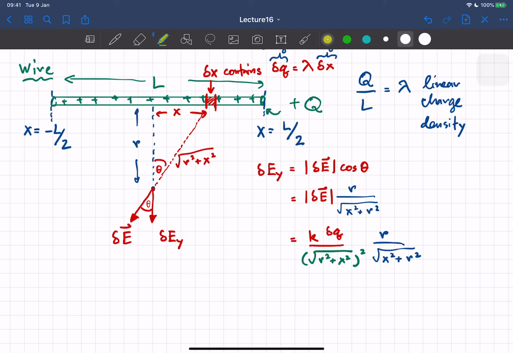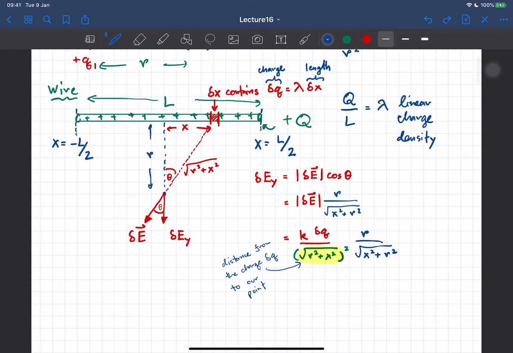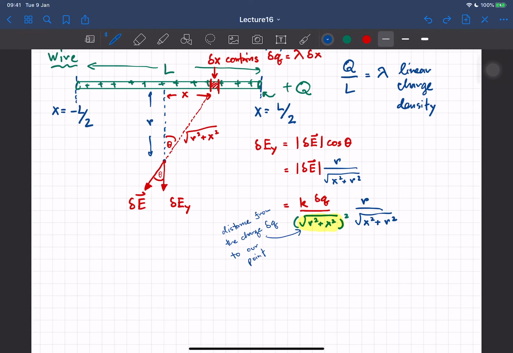Again, let me indicate that this part here is the distance from the charge, the delta Q, to our point. I didn't name this point here. So that's the distance, and it's distance squared, so we need to put a square in there.